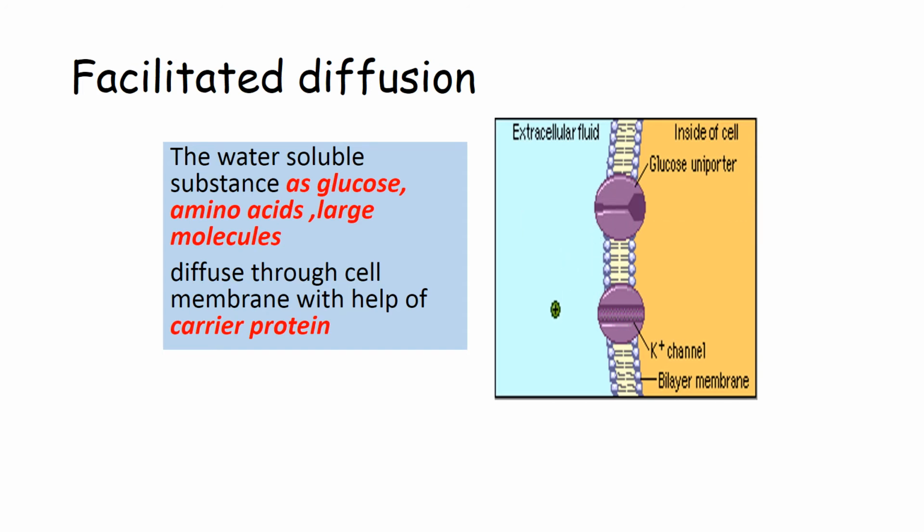Its transport is mediated through a carrier protein, a uniporter that is specific for glucose, whereas the ion channel allows the passage of potassium ion. The glucose has to be transported by the carrier protein, and this type of transport with the help of a carrier protein is known as facilitated diffusion.